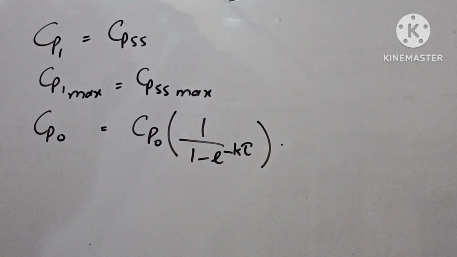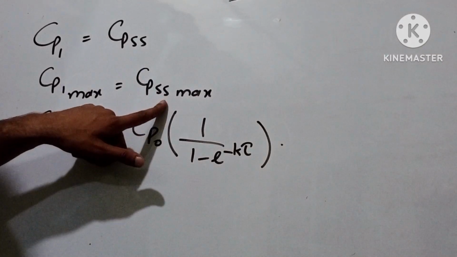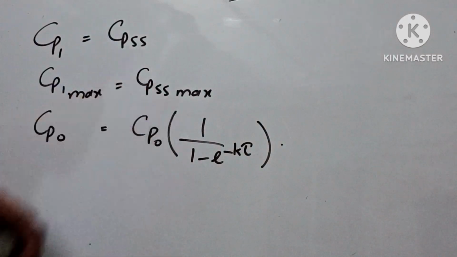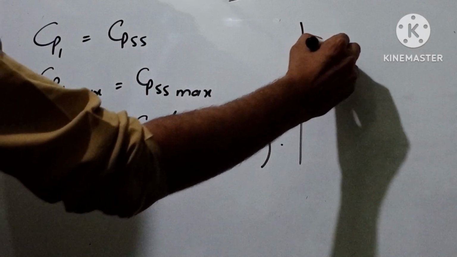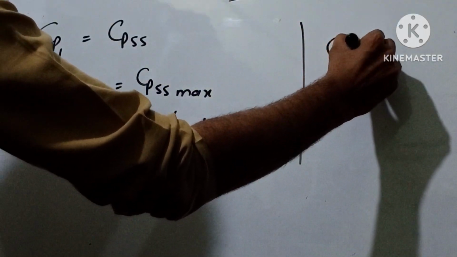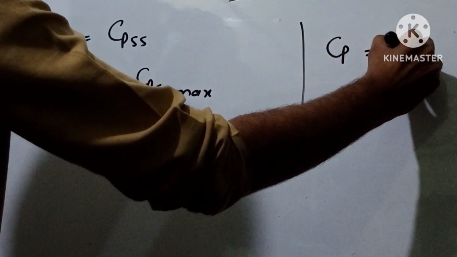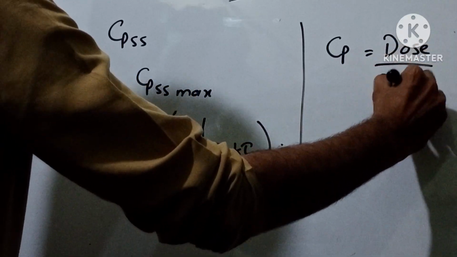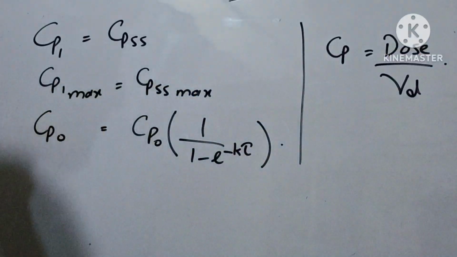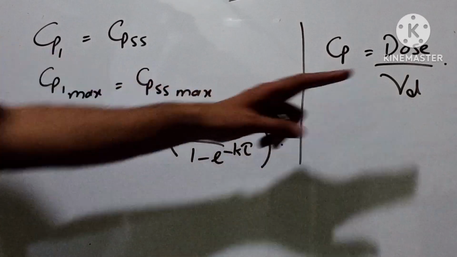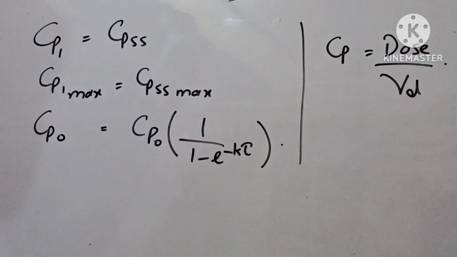Now we have to cancel, but before cancelling, we know one thing: concentration of the drug is equal to dose of the drug divided by volume of distribution, dose over VD.